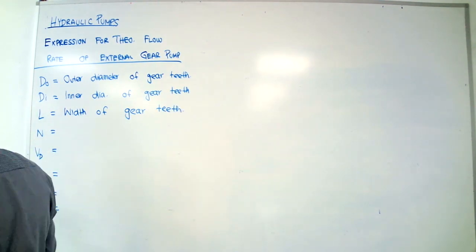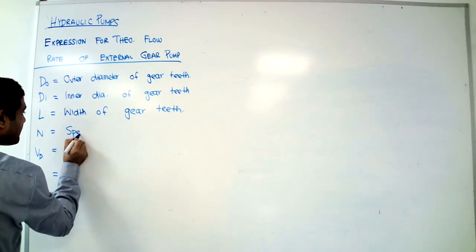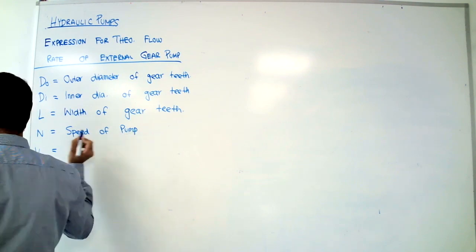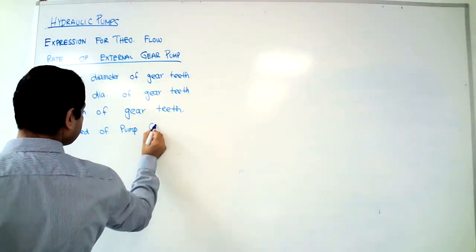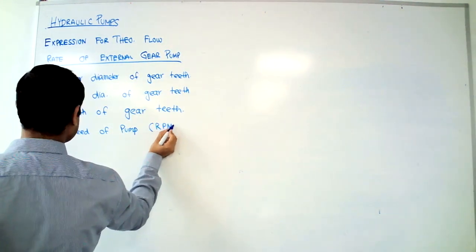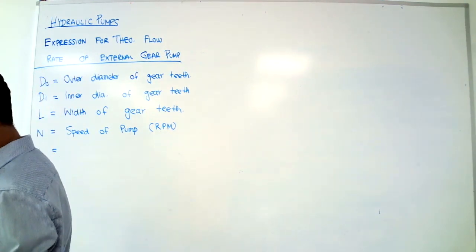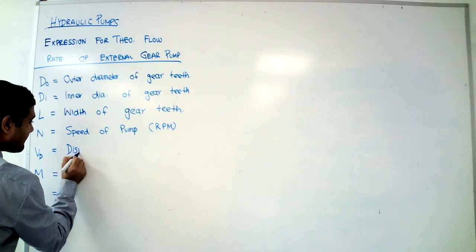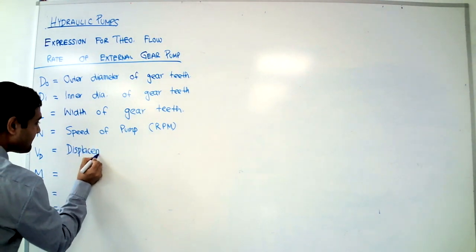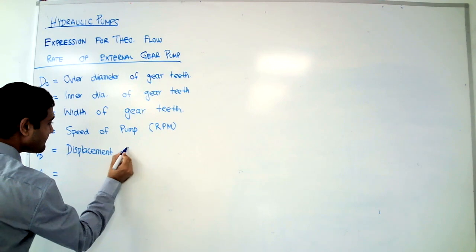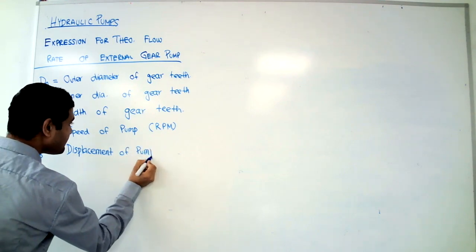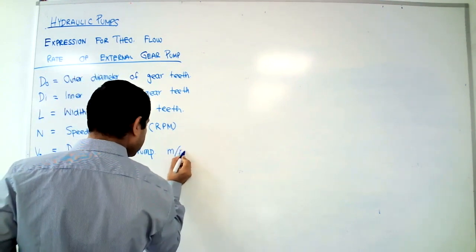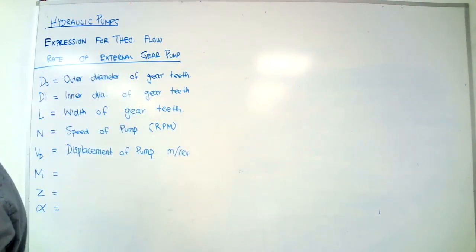N is the speed of the pump, and the units are RPM. PD is the displacement of the pump, and the units are meters per rev.